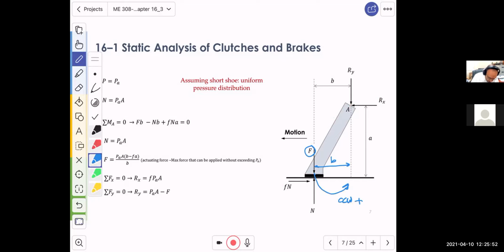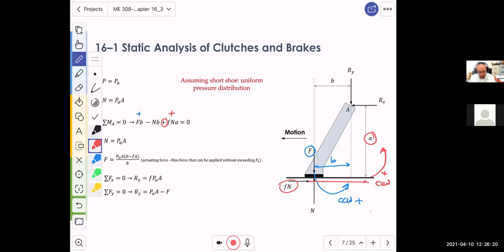So if B is positive because it's counterclockwise, then we also have the friction force, which is multiplied by A. And it will also cause a counterclockwise rotation. So this is why it is positive, and it is Fn multiplied by A.